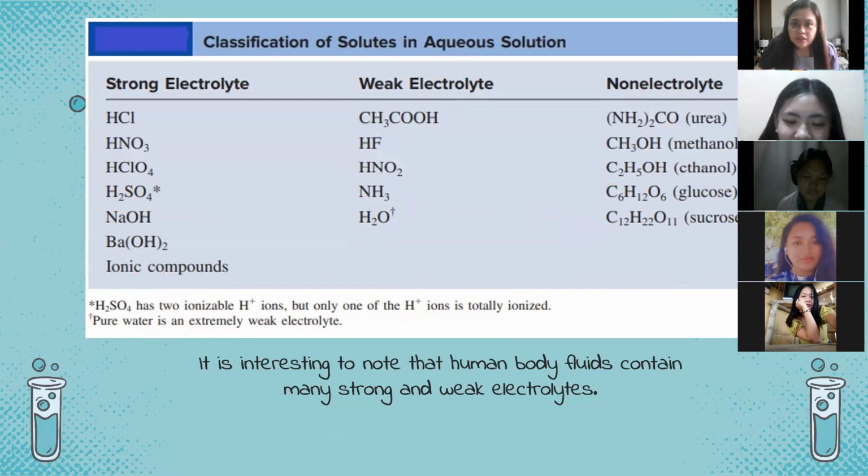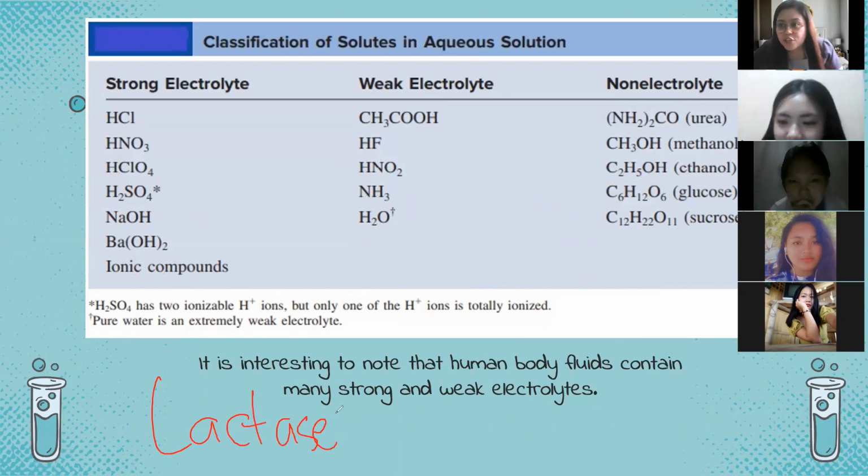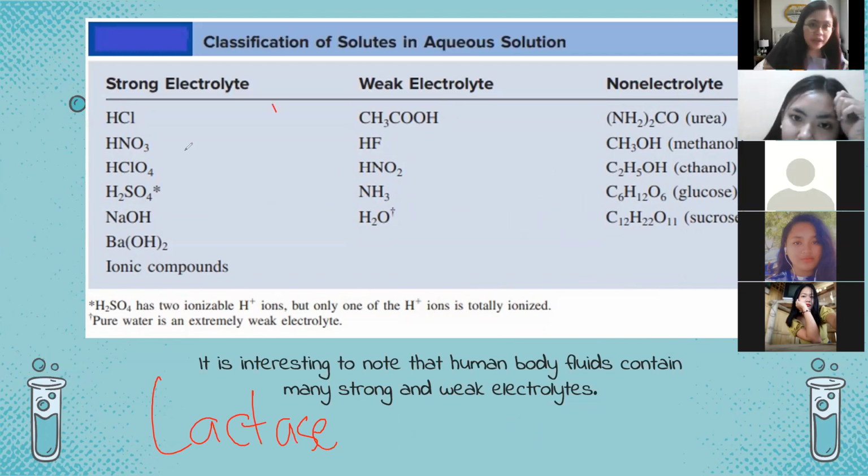Let me clear all the drawings on the screen. Your body does not produce the enzyme lactase. So this enzyme is responsible in metabolizing the lactose. Lactose, by the way, is what you call the milk sugar.